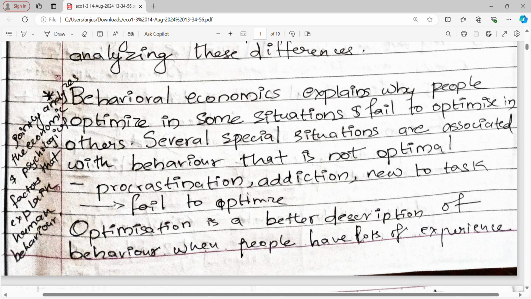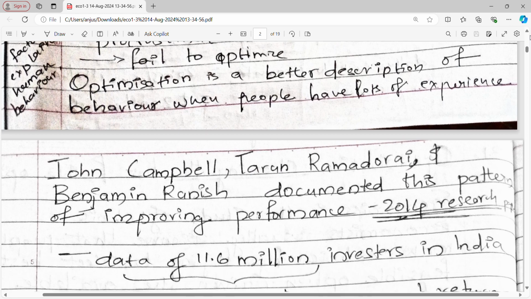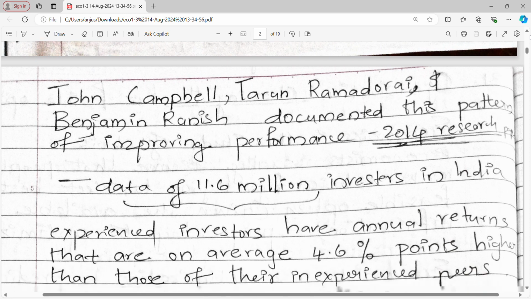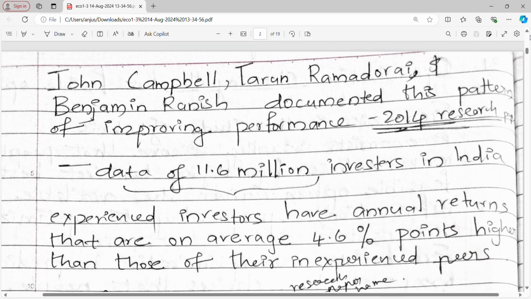Optimization is a better description of behavior when people have lots of experience. So John Campbell, Tarun Ramadurai and Benjamin Ranish documented this pattern of improving performance in a 2014 research paper.